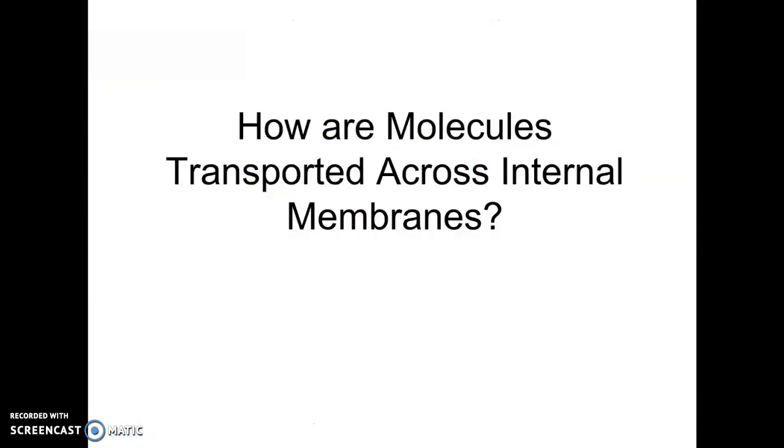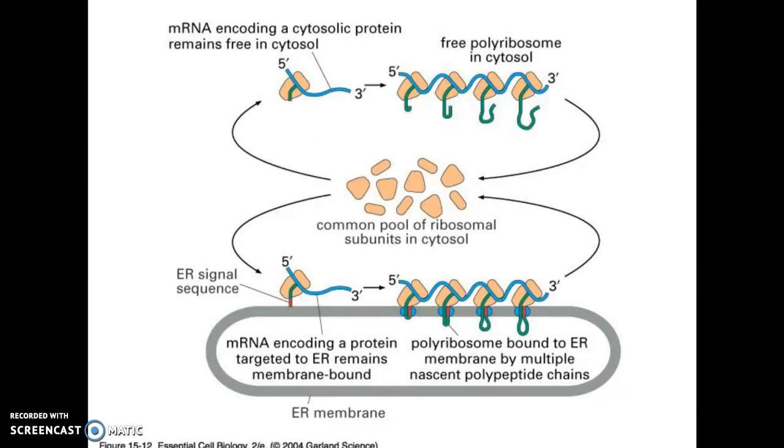So once that signal sequence is recognized, what is the sequence of events? So like I said, all protein production starts in the cytosol. So the mRNA gets exported from the nucleus and recruits the small ribosomal subunit, which comes preloaded with a tRNA for methionine, and so the small ribosomal subunit scans down the RNA until it finds the AUG start codon.